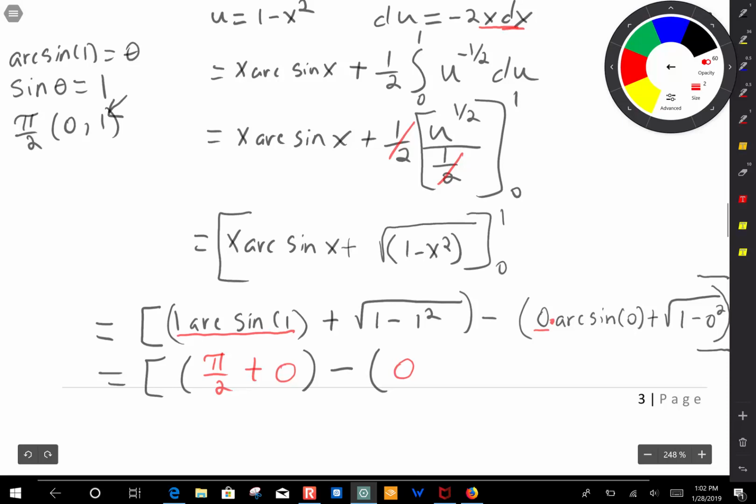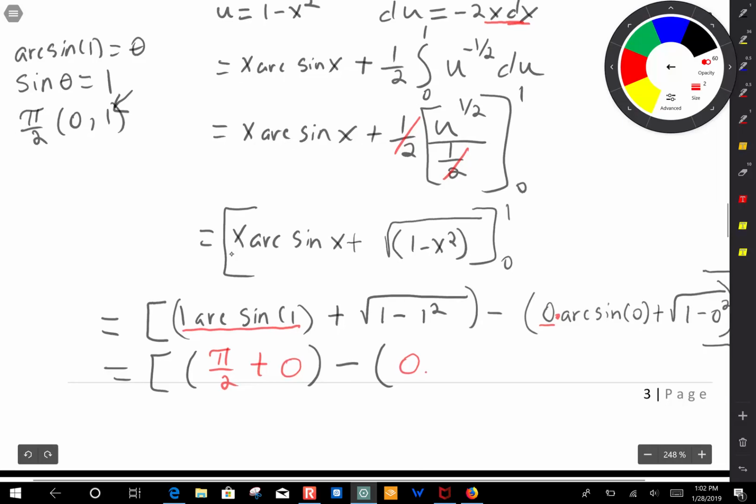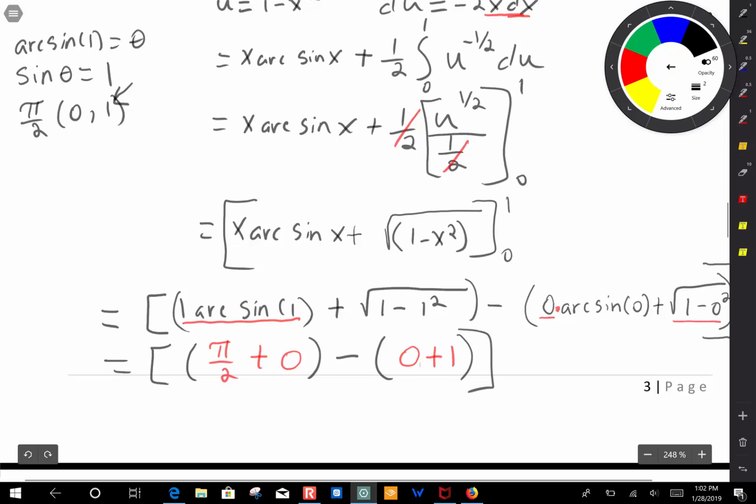So we can really not care about the arc sine of 0 and what that is. And then the square root of 1 minus 0 squared is just the square root of 1, which is just 1. That's going to be a plus 1. And that little dot right there shouldn't even be there. And we put the brackets, and we're ready to go, class.